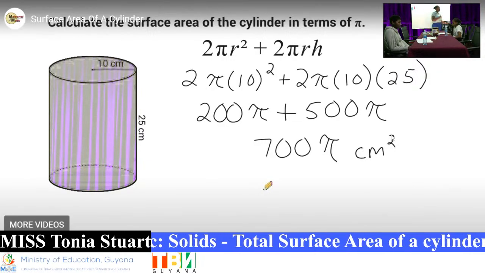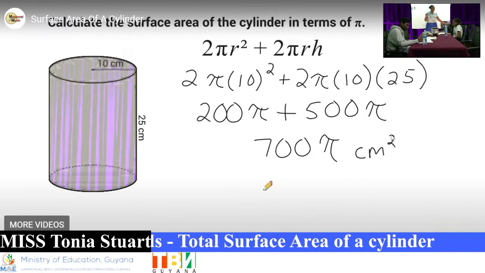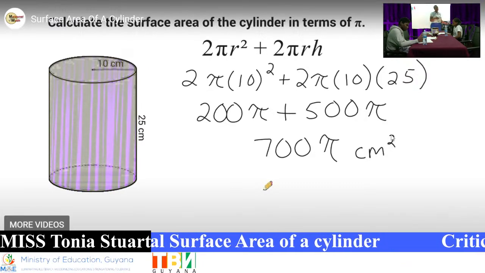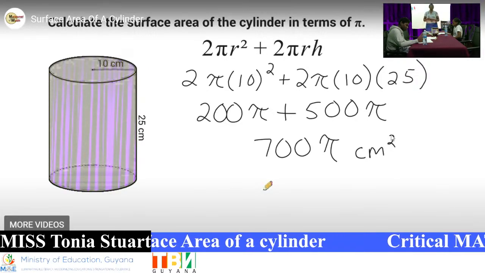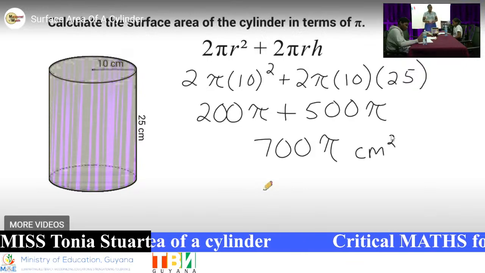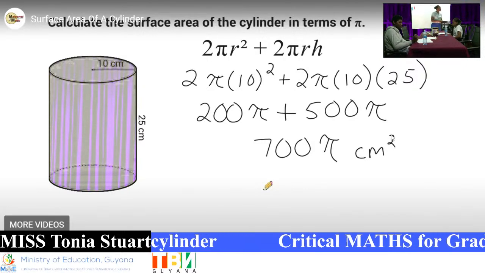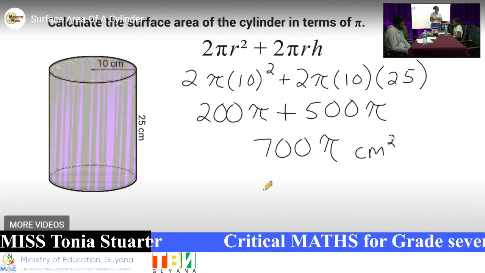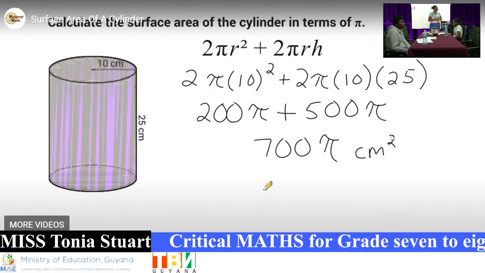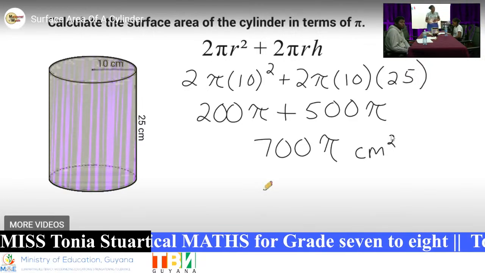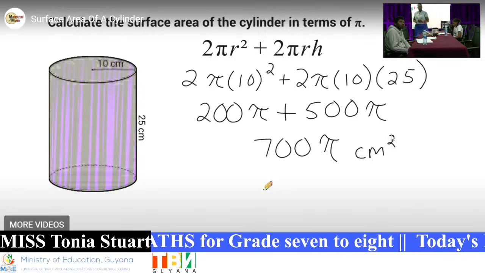And the 10, that is the length of that line. So instead of r, we would replace it with 10, right? And when we go to the other side, the right hand side, where you have 2 pi 10 and 25, what does the 10 and the 25 represent?